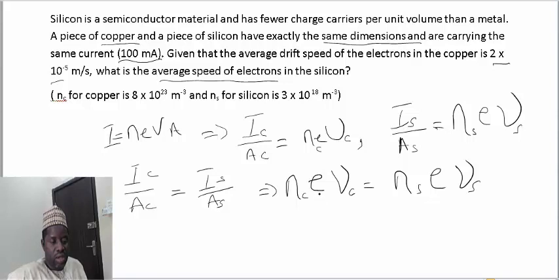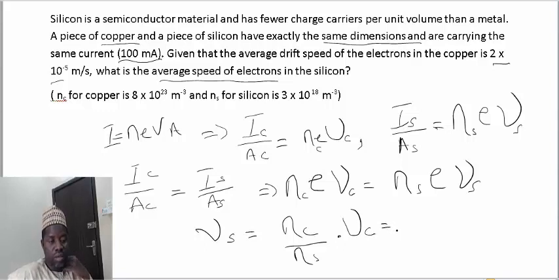It is easy to see that the charge on the electron cancels, and making the drift velocity in silicon the subject of the formula, the drift velocity in silicon is the charge carrier density in copper over the charge carrier density in silicon, multiplied by the drift velocity in copper.